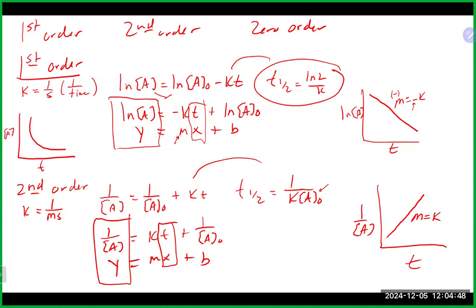The last type of order that we specifically talked about was zero order. Zero order is a way you can have one reactant that is to the zero order, and that obviously will give you a zero order. The rate constant in that case is actually going to have units similar to the rate.